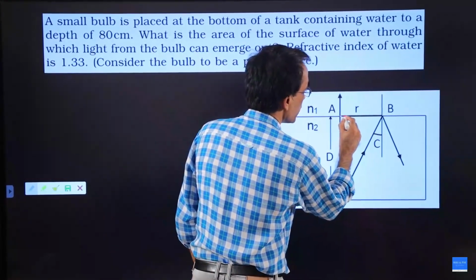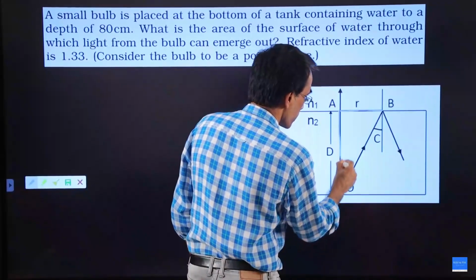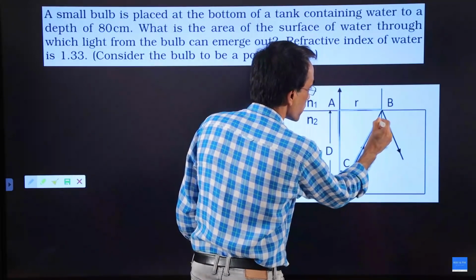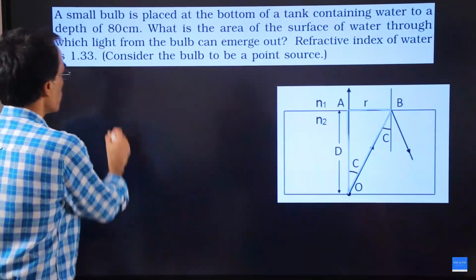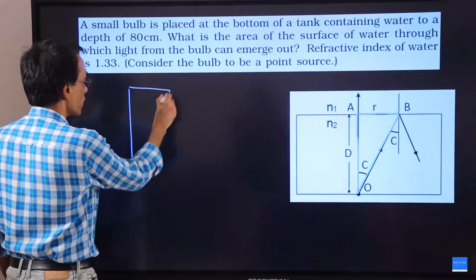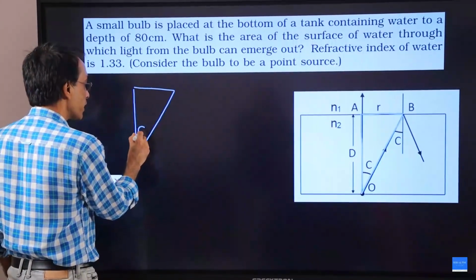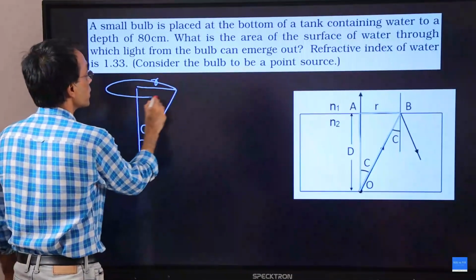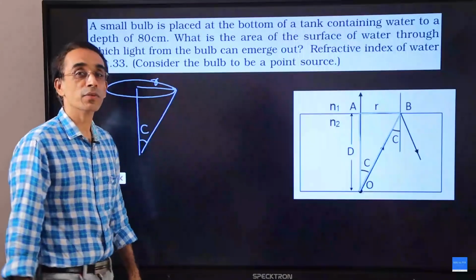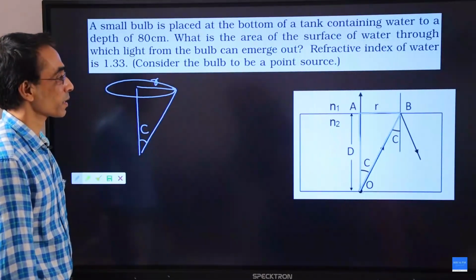This is the triangle that we are interested in. In that triangle, this is the critical angle C. This R is the radius of the circular region.